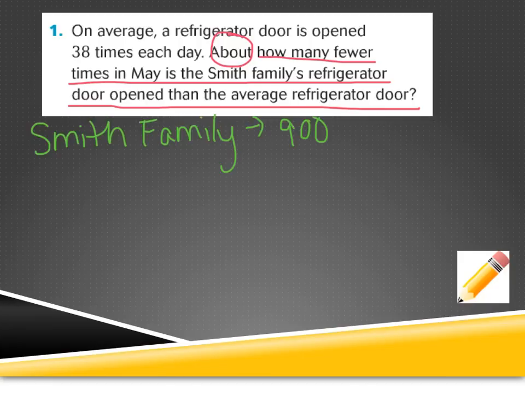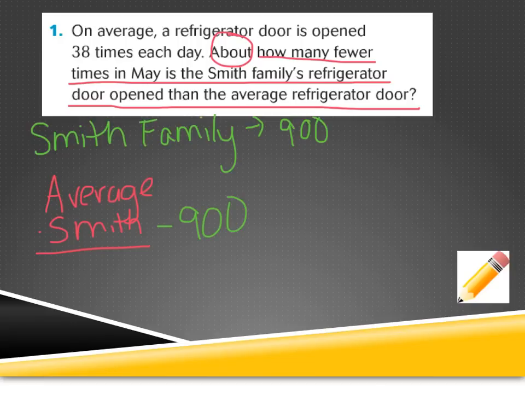What I'm going to subtract is the average refrigerator door opening from the Smith family. I already have the answer to how many times the Smith family refrigerator is opened from the previous problem, and that's 900. I need to figure out about how many times the average refrigerator door is opened for the month of May.